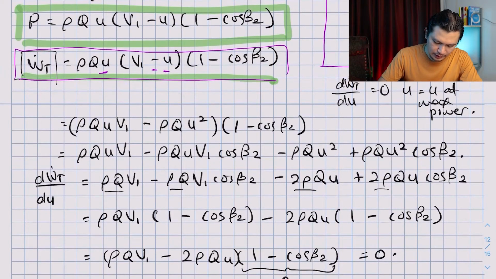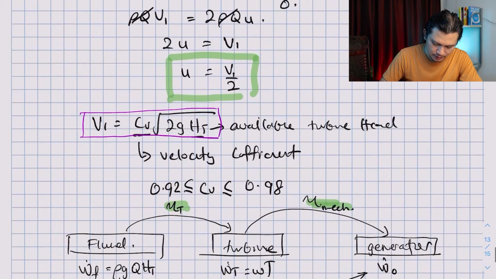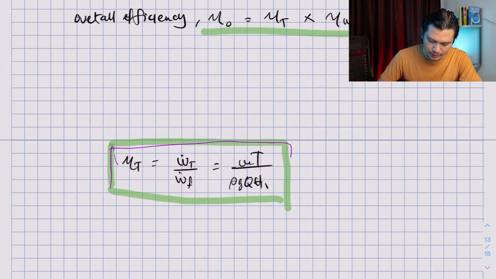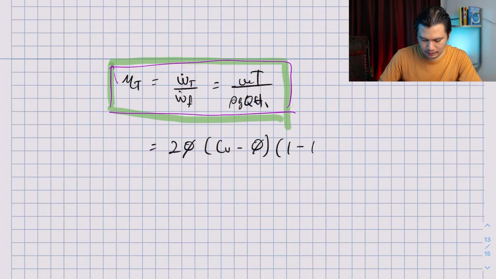Remember that you have V1 there. I'm going to use this V1 and put it in that equation, and coming back to this equation, I will end up with something that looks like this: 2 phi times CV minus phi, times 1 minus cos beta 2. Sorry about that, this is cos beta 2.